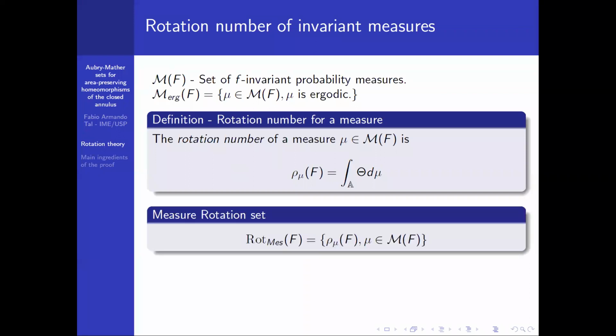You can first define the measure rotation set, which is all the rotation vectors you see as rotation vectors of measures. Since the set of invariant measures is convex and this application is linear, this is going to be a compact interval. And that's called the measure rotation set.